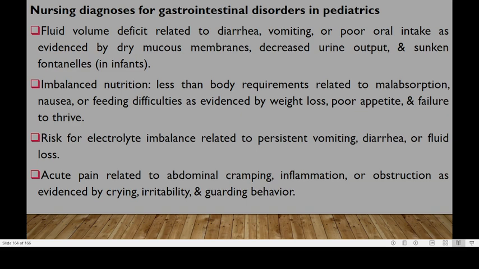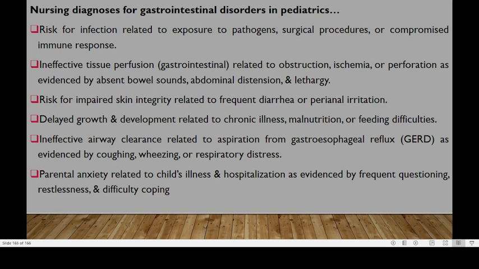So in terms of the nursing diagnoses for the gastrointestinal system, we could talk of fluid volume deficit related to diarrhea, vomiting or poor intake; imbalanced nutrition less than body requirements related to malabsorption, nausea or feeding difficulties; risk for electrolyte imbalance related to persistent vomiting, diarrhea or fluid loss; acute pain related to abdominal cramping, inflammation or obstruction as evidenced by crying, irritability, or guarding behavior.